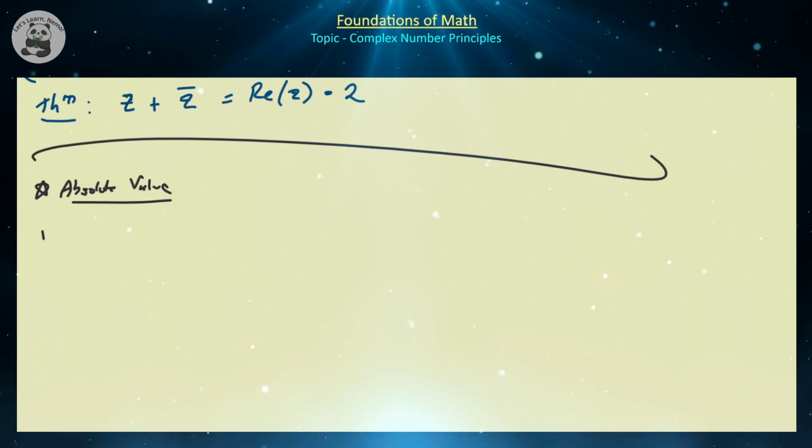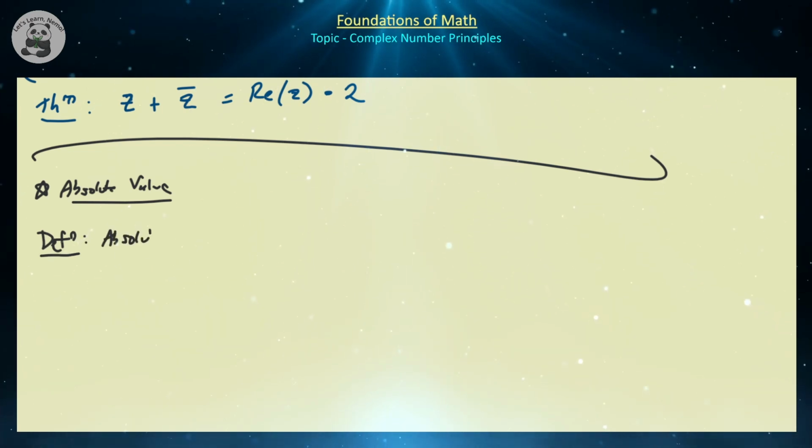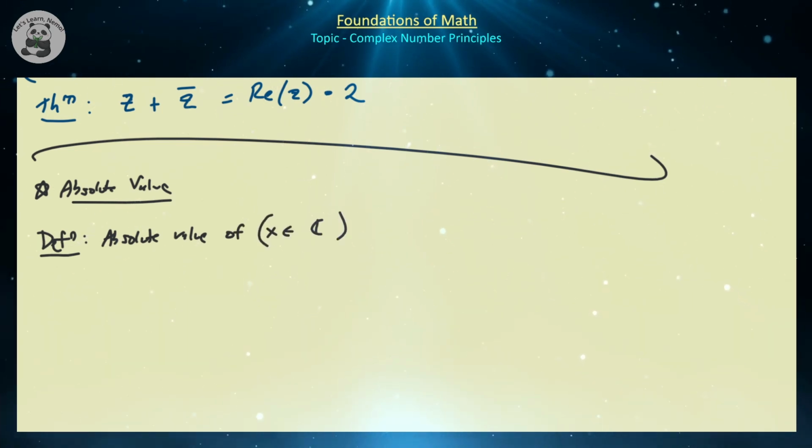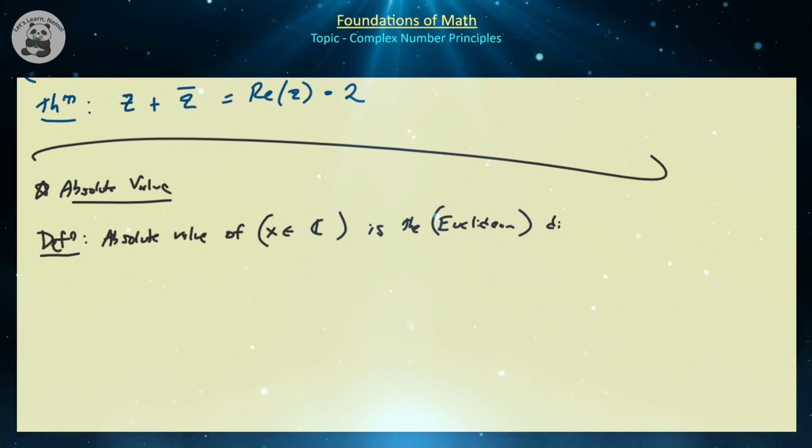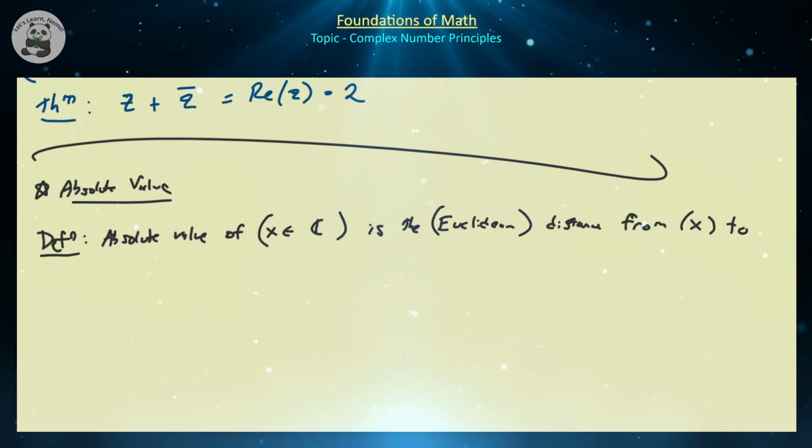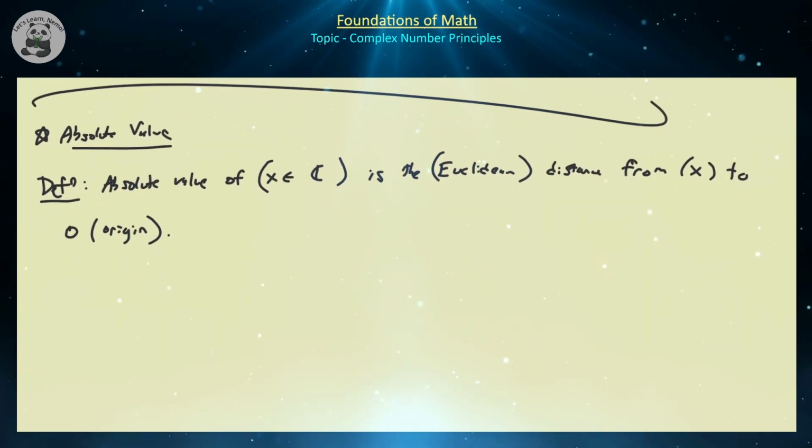So keep in mind, if you don't exactly know what absolute value is, the absolute value of some number x in C, or you can say x in R, is just the Euclidean, or typical traditional, distance from the point x to 0, which would be the origin in the case of R2, right?